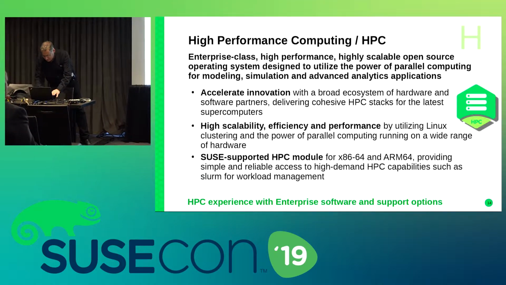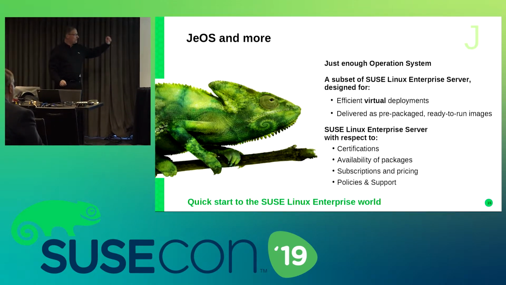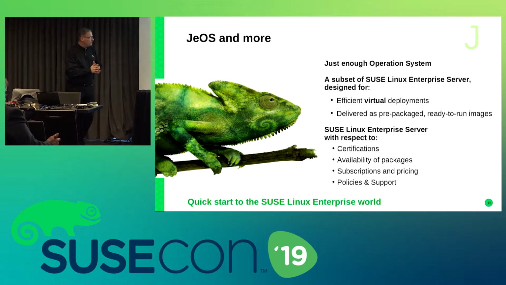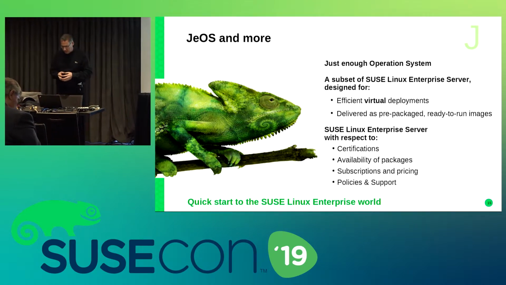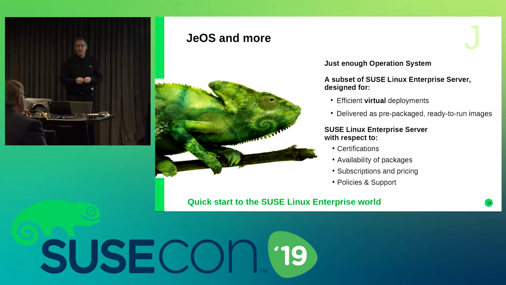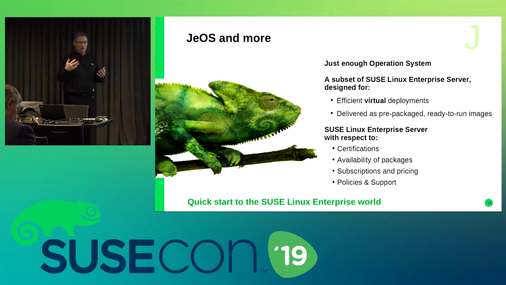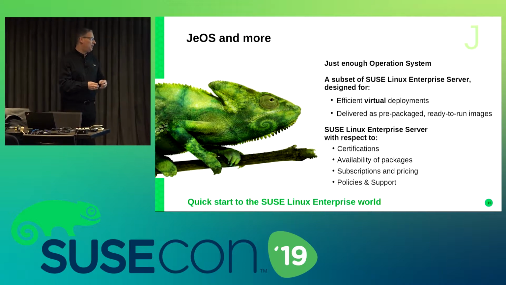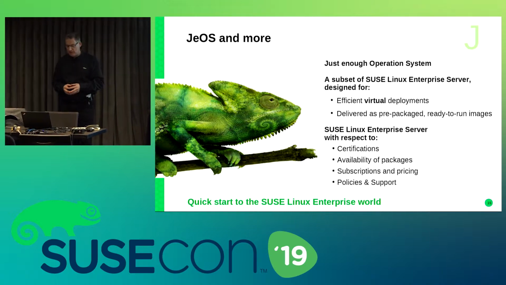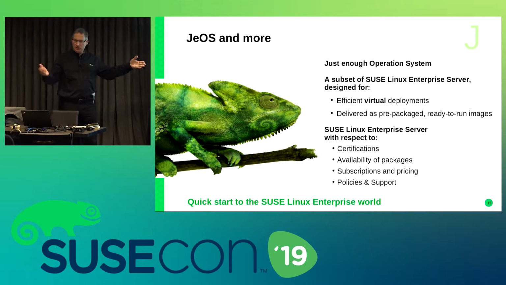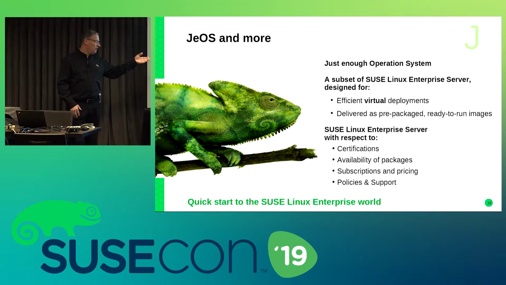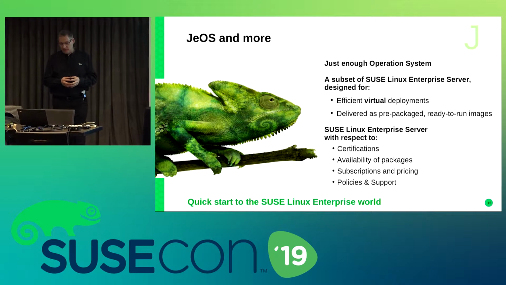Okay, so Just Enough Operating System, JeOS, is a subset of SUSE Linux Enterprise Server, very efficient for virtual deployments primarily. It's delivered pre-packaged. You can directly download it from our download space. But it is a true SUSE Linux Enterprise Server with respect to certifications, the availability of packages, so you can install them later on, the subscription and the pricing, and also the policy.